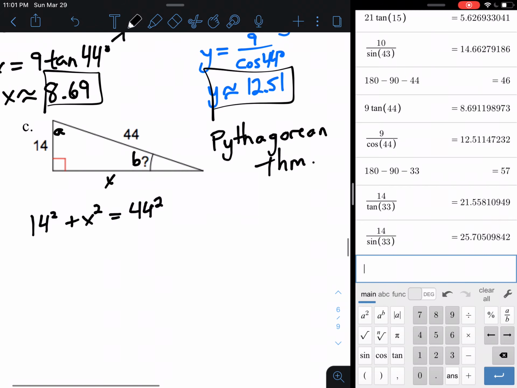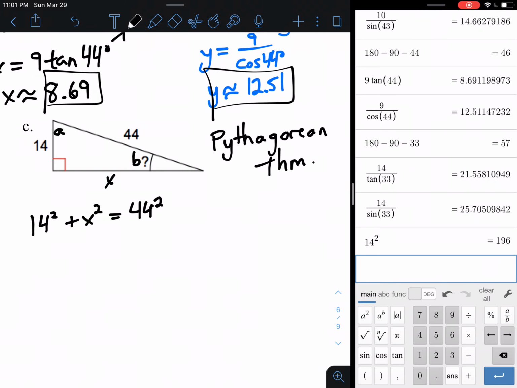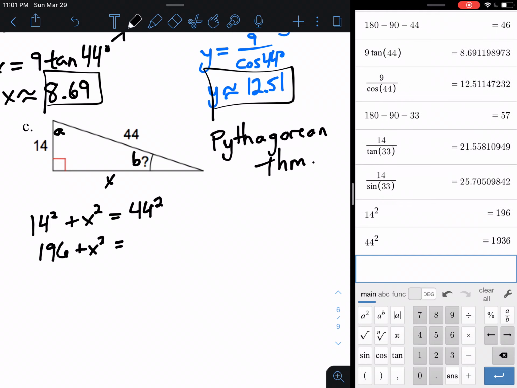So 14 squared is 196 plus x squared is equal to 44 squared, which is 1,936. Okay, so then to get x squared, let's subtract 196 from that.